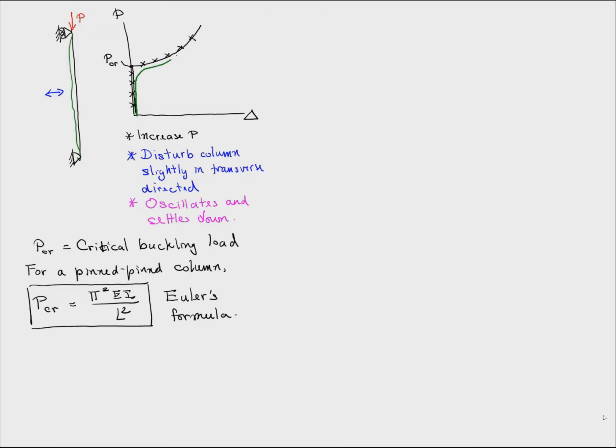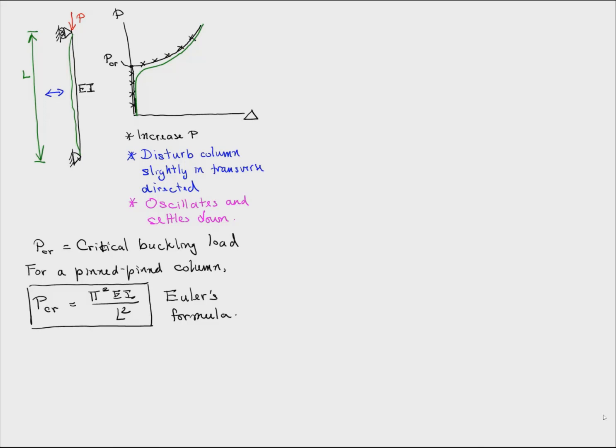So the curve would be something like this, rather than this ideal curve of being vertical and then developing transverse displacement. By the way, L is the length of the column, and EI are the modulus of elasticity and moment of inertia of the column.